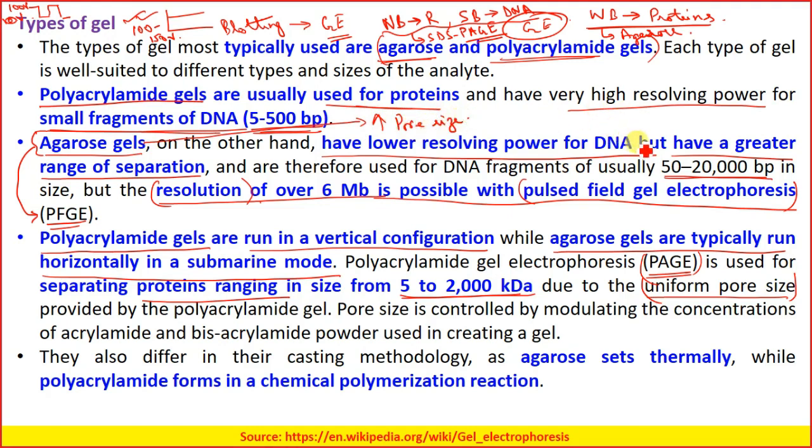and hence they can be used for the separation of the DNA and the RNA molecules, or the nucleic acids, you can say. Whereas polyacrylamide gels have smaller pores and hence they are suited for the proteins.